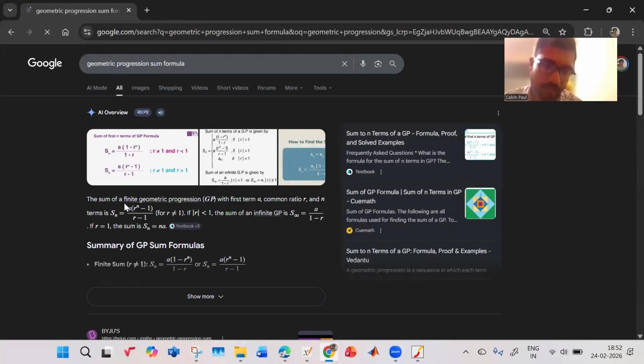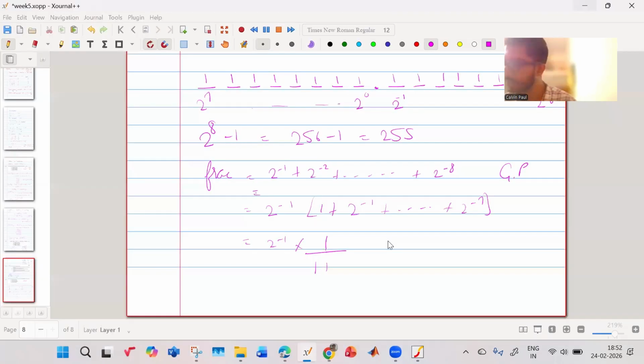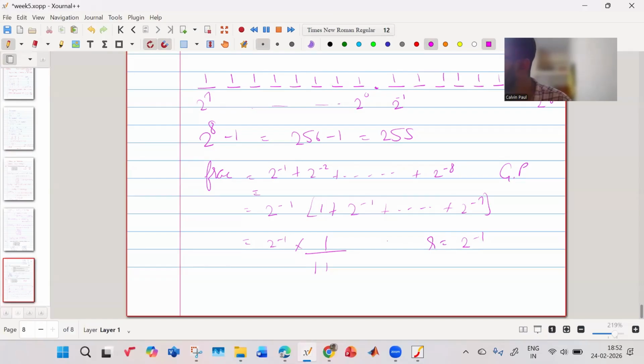So that is a into r raised to n minus 1 upon r minus 1. I was using a upon 1 minus r, but it is a into r raised to n minus 1 upon r minus 1. So your r actually is 2 raised to minus 1 and your n is 7.